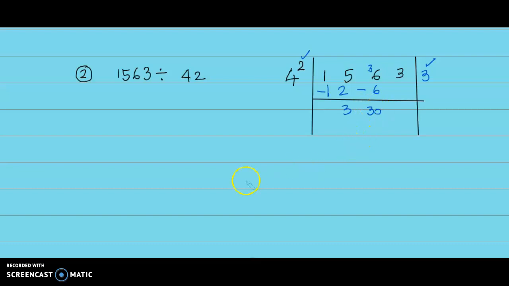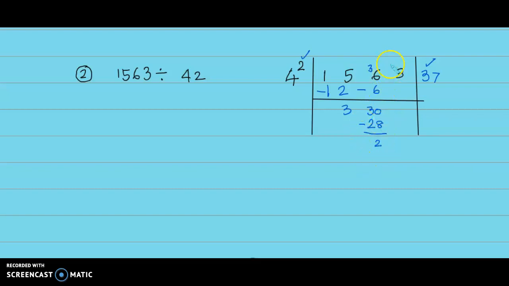I hope steps are clear so far. Now this 30 is greater than 4, so we will again divide 30 by 4. So 4 7s are 28, and subtract 28 from 30, so you get 2.